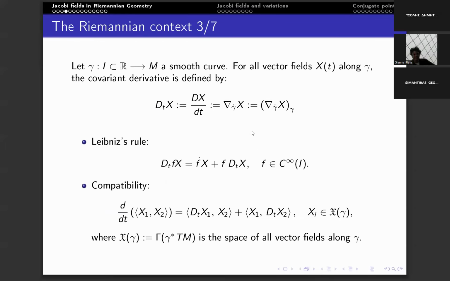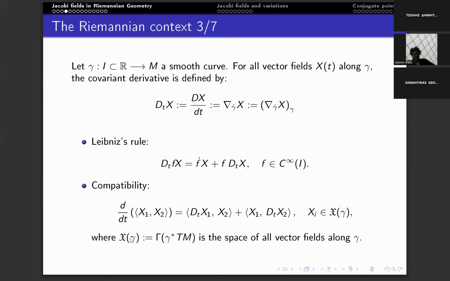And also we have a covariant derivative for all vector fields along a smooth curve on M. Let's call the curve gamma. So this is the definition and the notation for the covariant derivative. It satisfies the Leibniz rule and it is compatible with the metric.